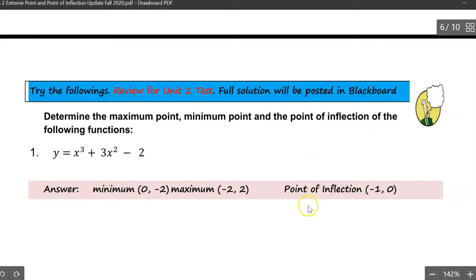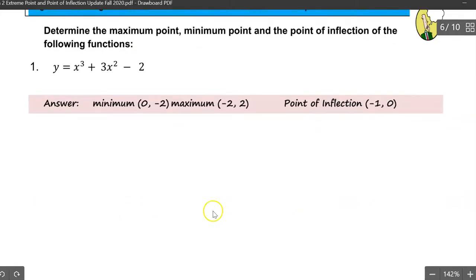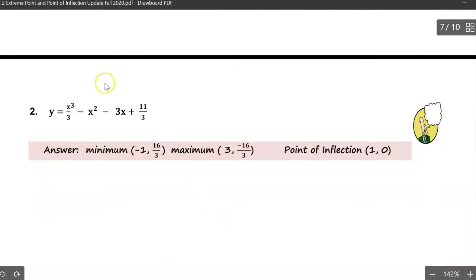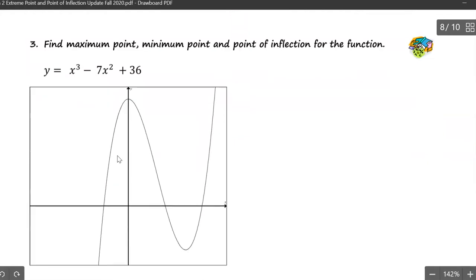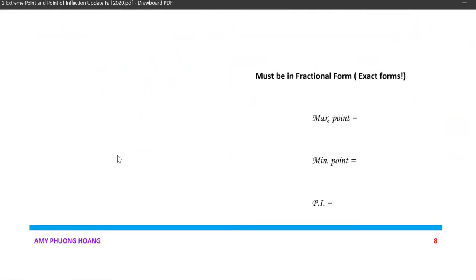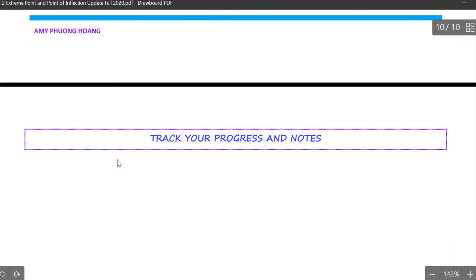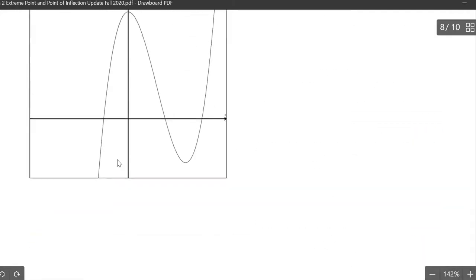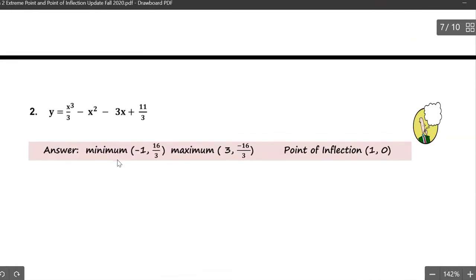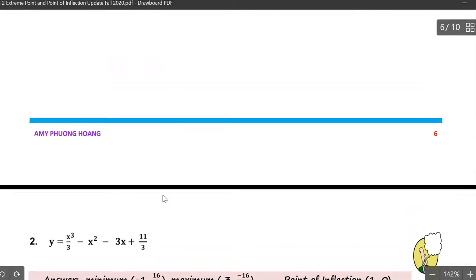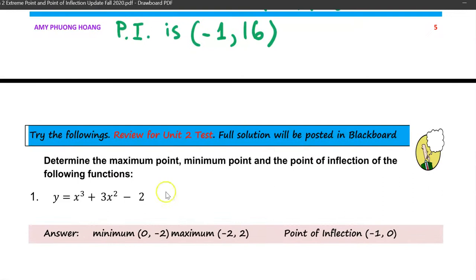I do give you the result here, but you need to make sure that you figure out and show me that you use the proof, like the second derivative test, to tell me the maximum or the minimum point. The best is to work on this and then check the solution that I posted to see the expectation of what you must do in order to prove a maximum and minimum point to obtain the full marks on the test.